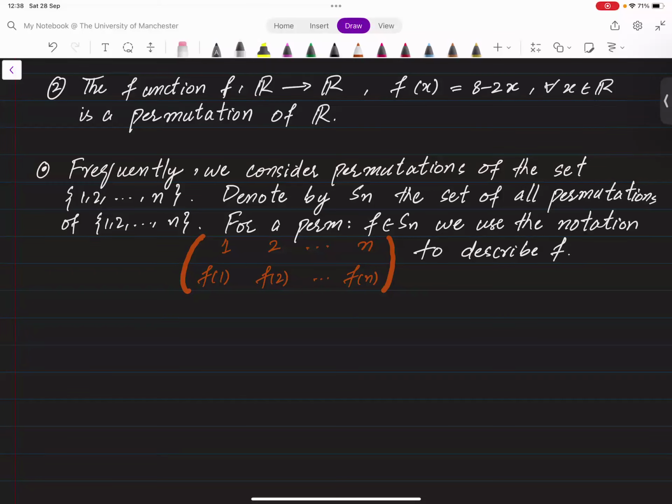This notation completely specifies f, and it gives the value of f of i for every i inside the set 1 to n.